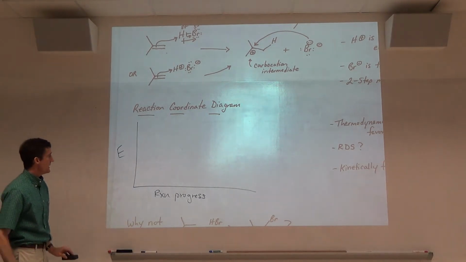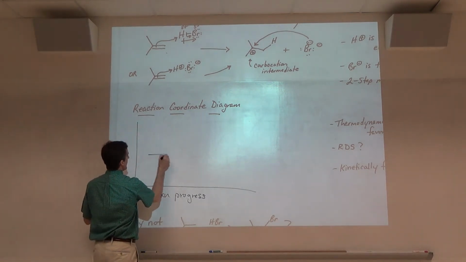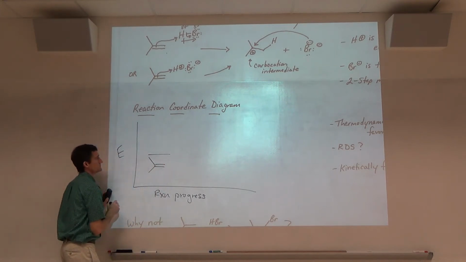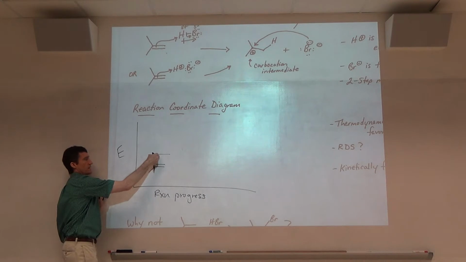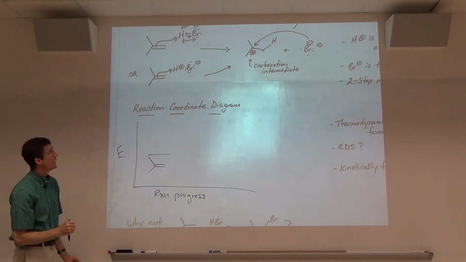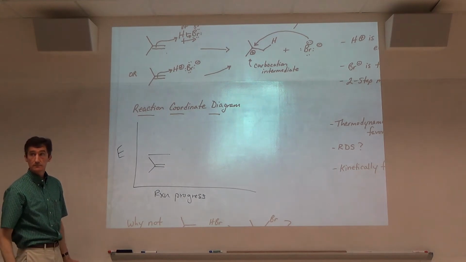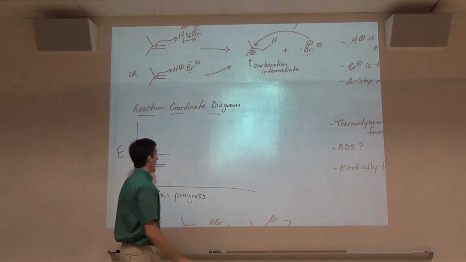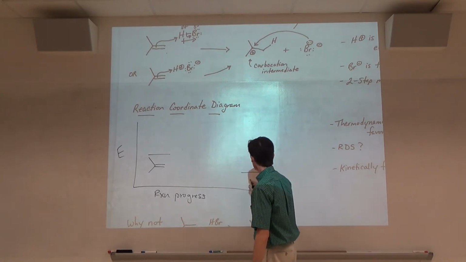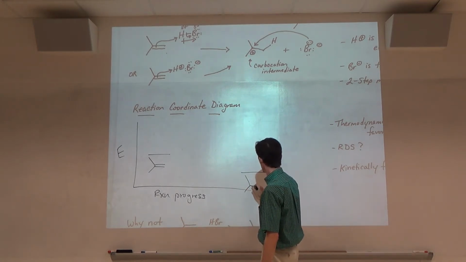We're going to start out by showing just the energy of the starting material. Here's the energy level, there's your starting material. Final product, let's put it up here. Higher or lower? We've already answered this. It's going to be lower. That's going to be your product.